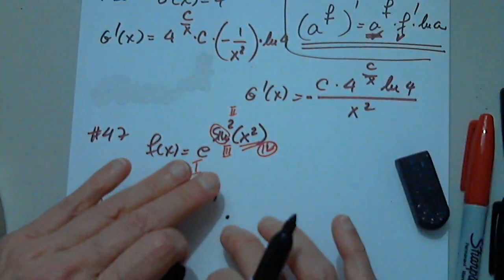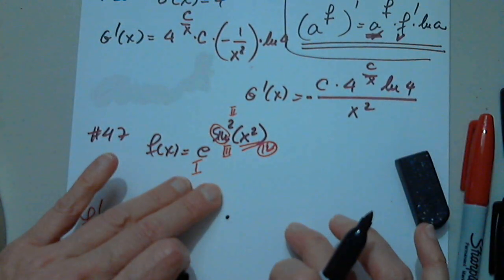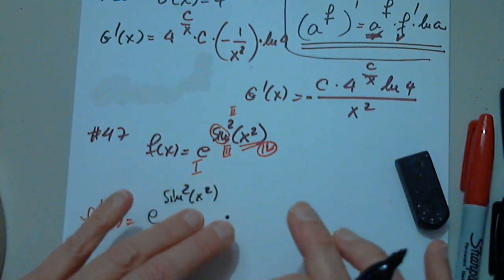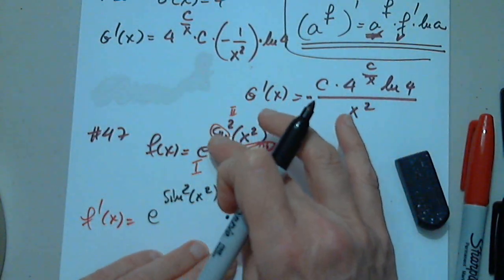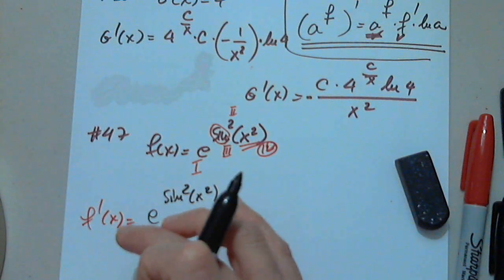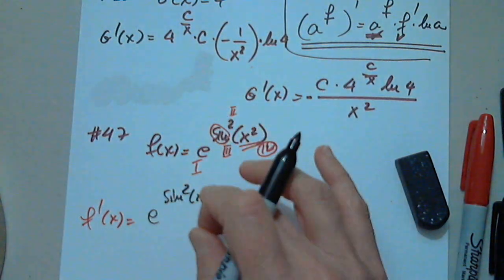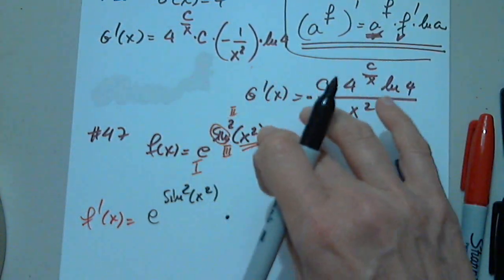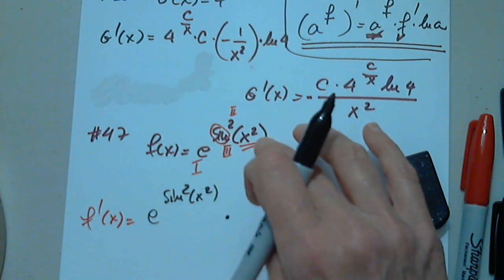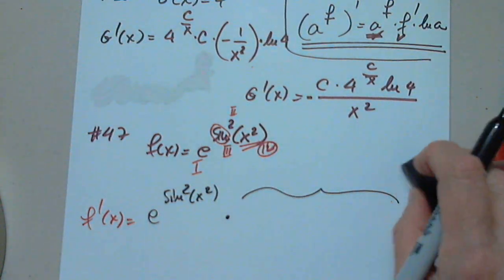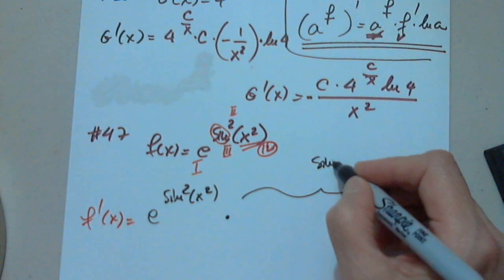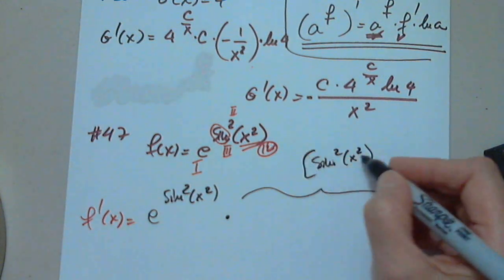Times, do I have to write natural log e? No, but I have to differentiate this. So e to a function prime is e to the function times the function prime. So right here, I have to write sine squared of x squared prime.